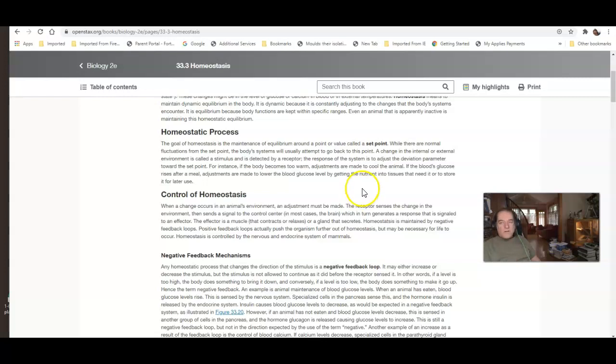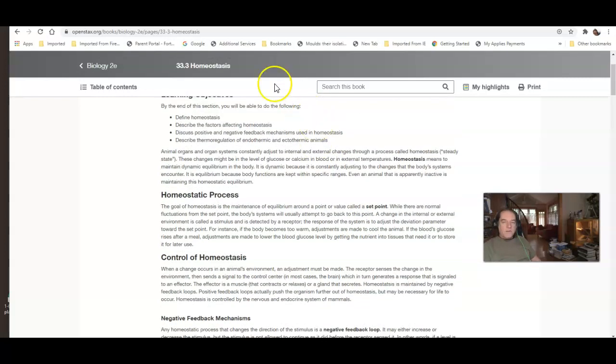We want to talk a little bit about regulatory processes in animals. So all animals maintain something called homeostasis. Homeo means the same, and stasis means value, or setting. A homeostatic process that we're all familiar with is maintaining our body temperature. We normally have not a perfectly fixed body temperature.